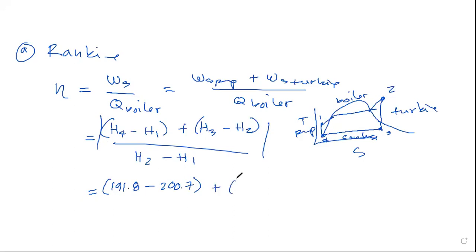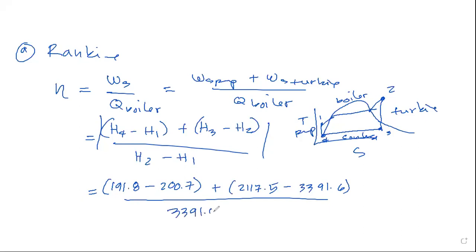Our H3 is 2117.5. Then H2, the first value we got, is 3391.6. Divided by H2 again, our H2 is 3391.6 minus H1. Our H1 is 200.7.